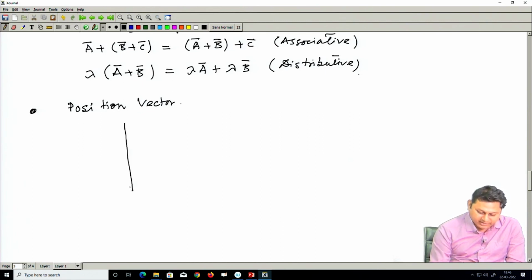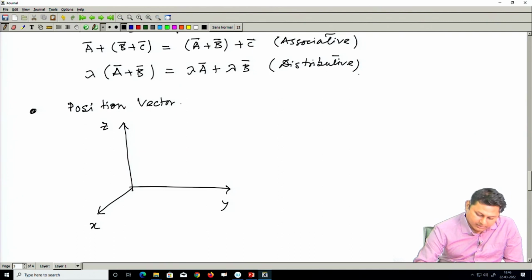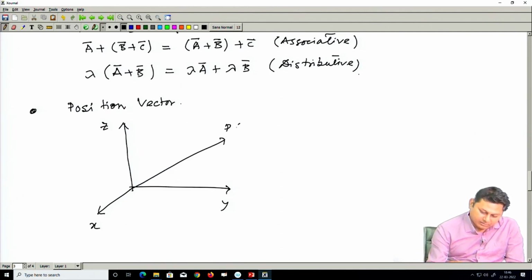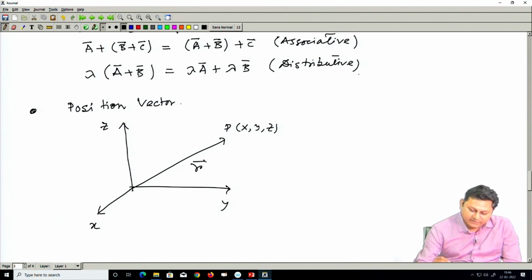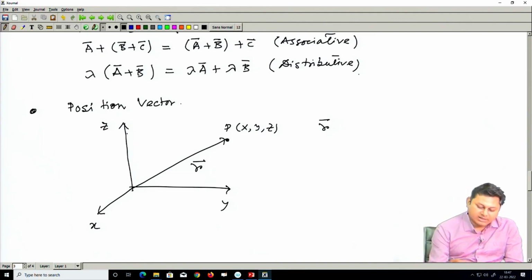In a coordinate system like the x, y, z Cartesian coordinate system, if I write any point, say P, at x, y, z, this is defined with a vector called r, and this r vector is called the position vector, because for any point here or here or here I can define an r vector that gives me the position of that particular point.